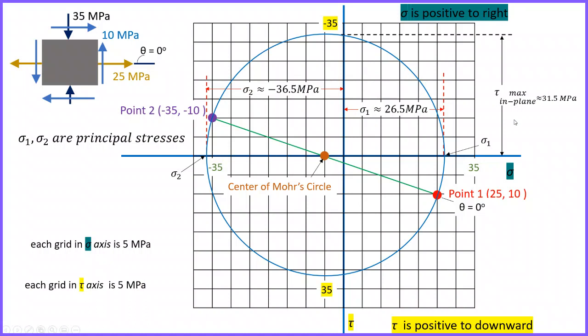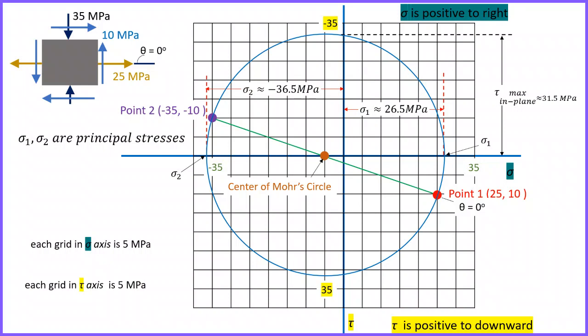To find the maximum in-plane shear stress, we just need to measure the distance of this intersection from the center. We can measure either this one or this one. Either one is fine, and if you measure that, the stress is 31.5 megapascal.